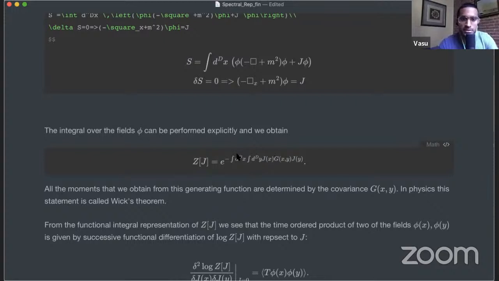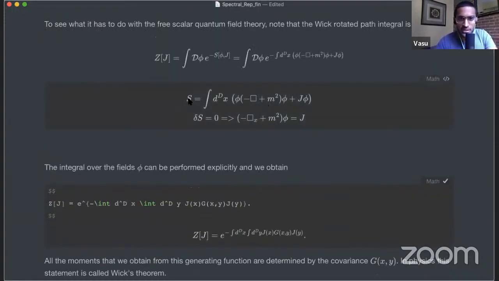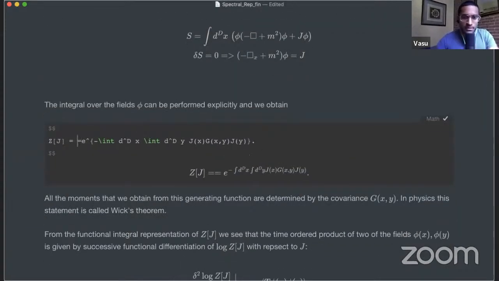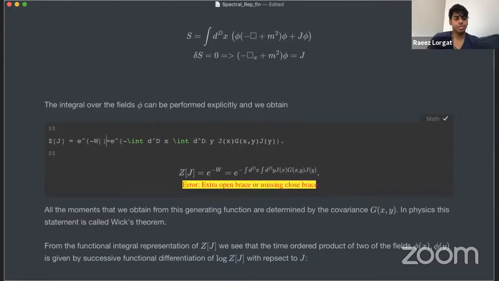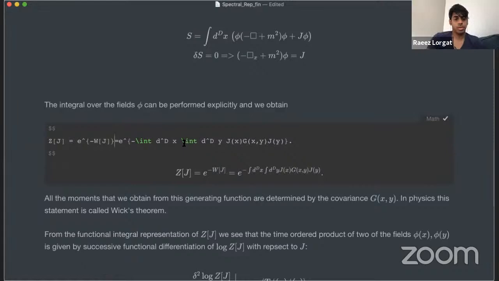Right. So what I wrote down here is the classical action that's valued in the fields and the sources. What we obtain by doing the path integral is a quantity called the effective action, which is basically the result of integrating out all quantum fluctuations, if you would like. Right.